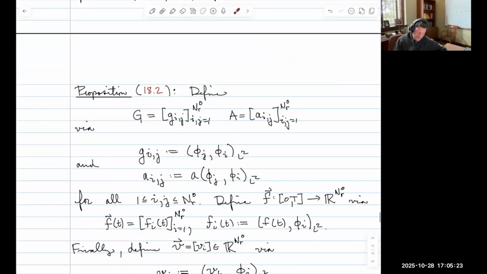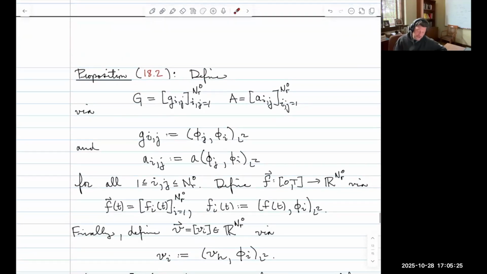Well, let's see what this looks like. Let's show that in reality this is just a system of ordinary differential equations. To show this, we need a couple of definitions. Let G be the square matrix with entries Gij, and let A be the square matrix with entries Aij.